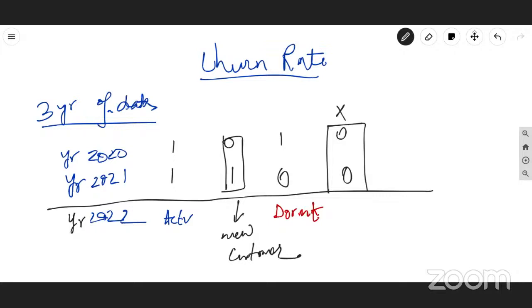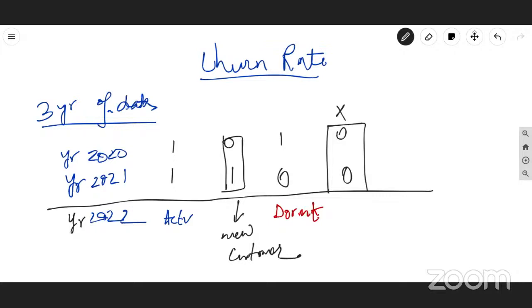Any questions or doubts? You can also define if there is something I'm missing in determining the rules for identifying who is going to churn, who is not going to churn. 11 active, 10 dormant, 01 new customer.